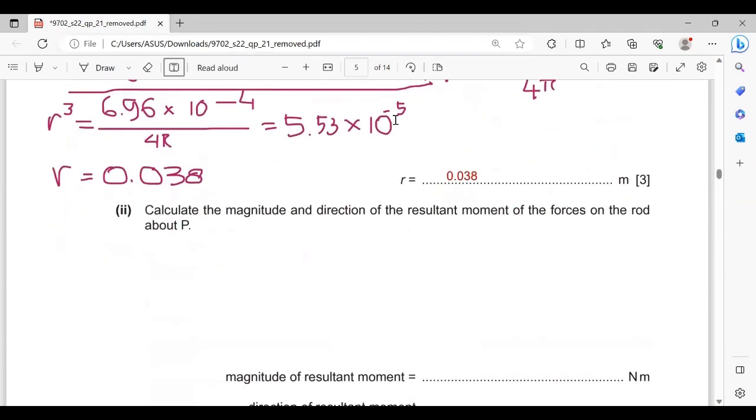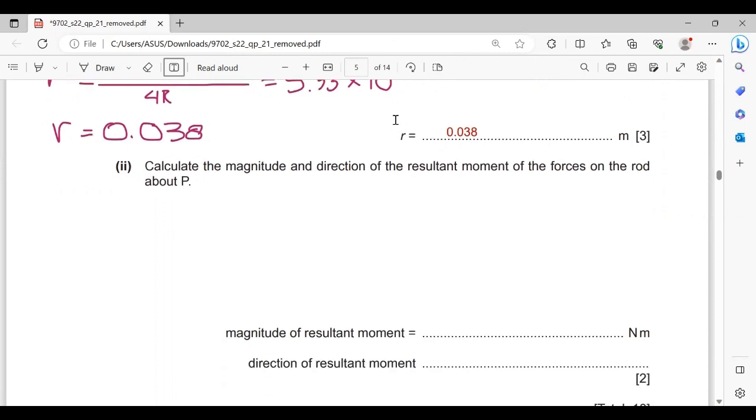Next, continue. Calculate the magnitudes and directions of the resultant moment of the forces on the road about P. For this one, we're going to calculate the magnitude and direction.